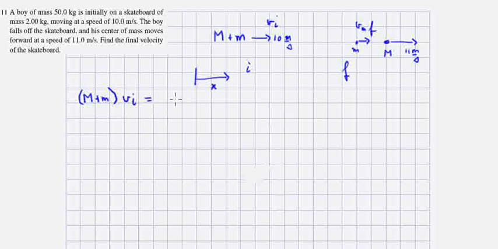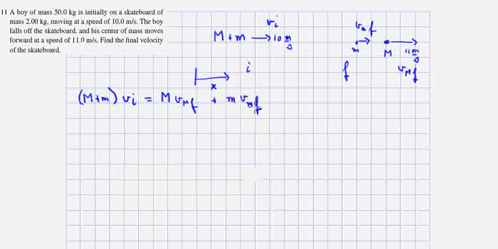The final momentum is equal to the mass of the boy times the final velocity of the boy, that's this right here, plus the mass of the skateboard times its final velocity, like that.